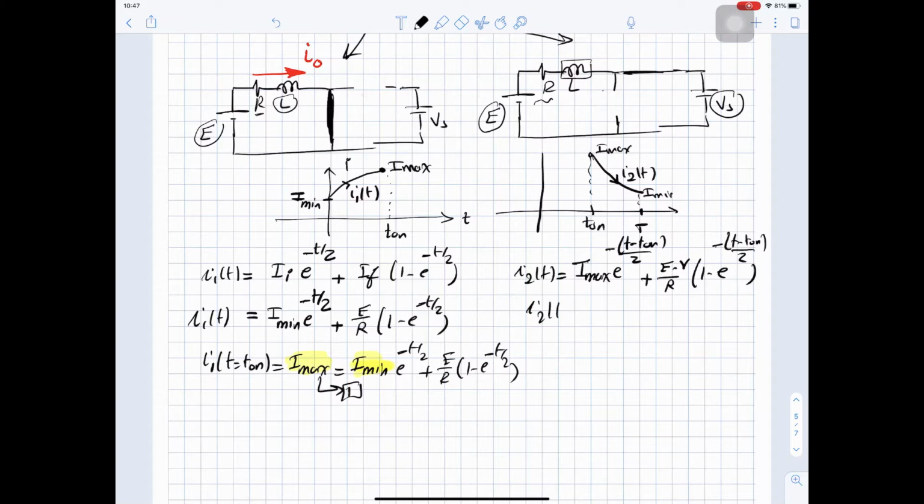And I2 when T equal to capital T is I min.